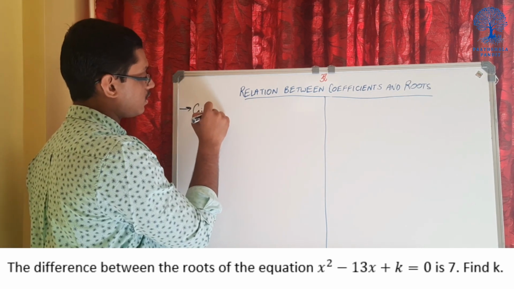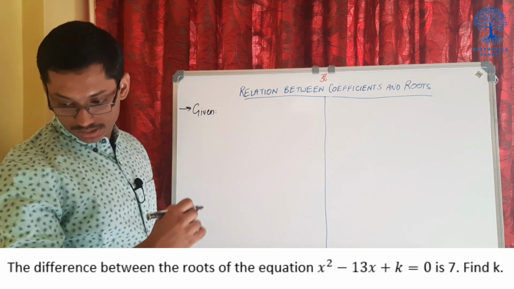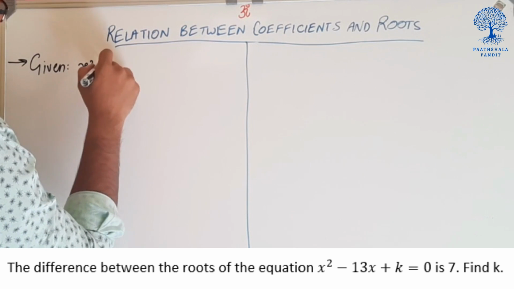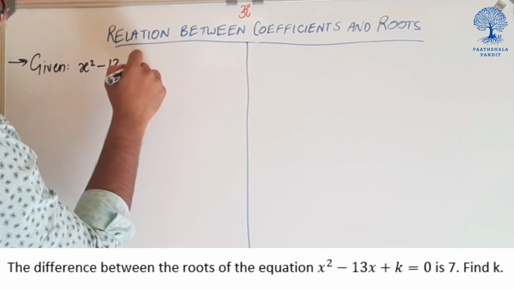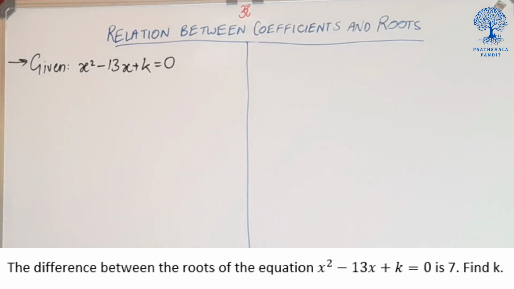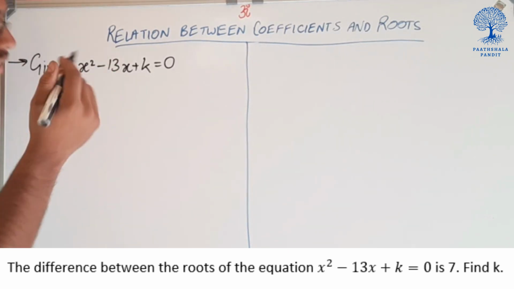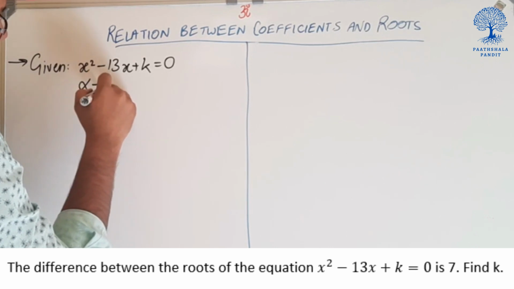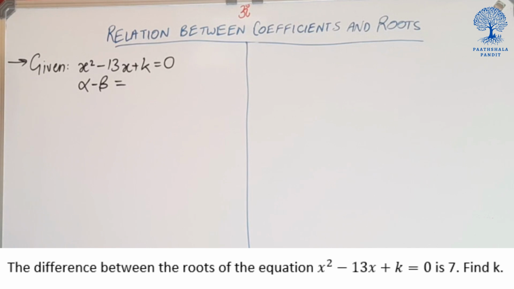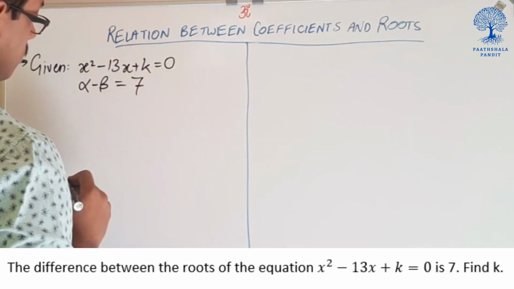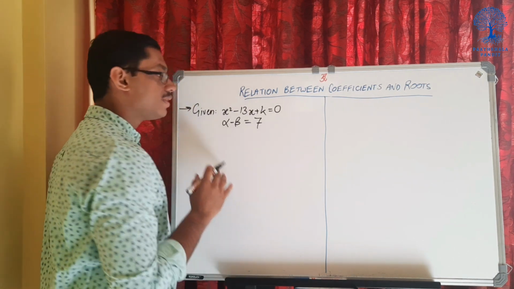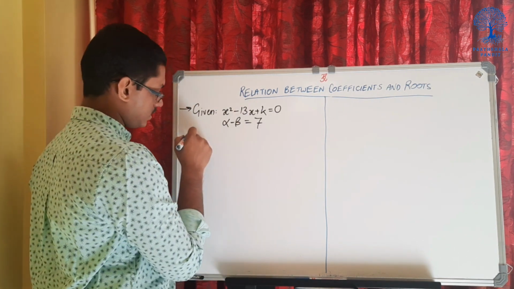Given: the equation x square minus 13x plus k equal to 0. Also the difference is given: alpha minus beta, the difference of roots, equal to 7.